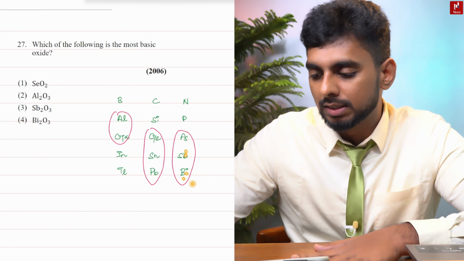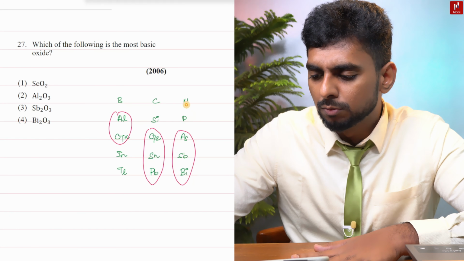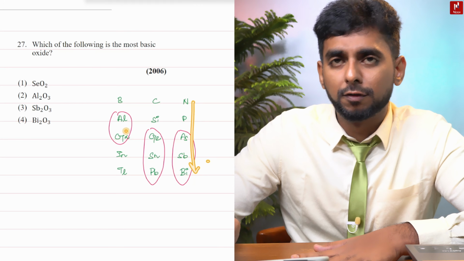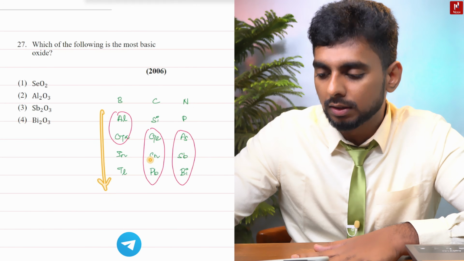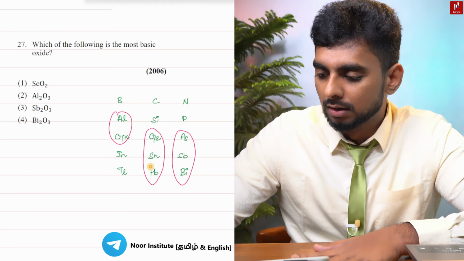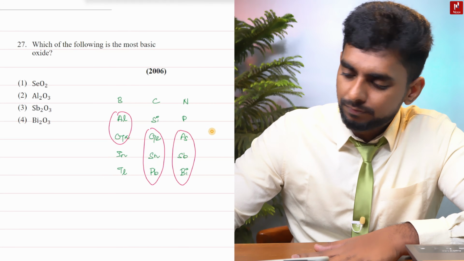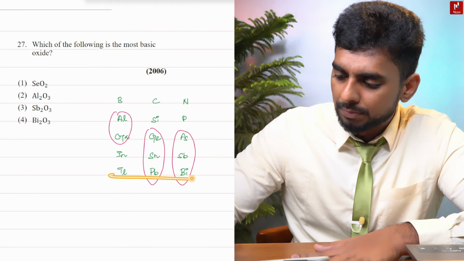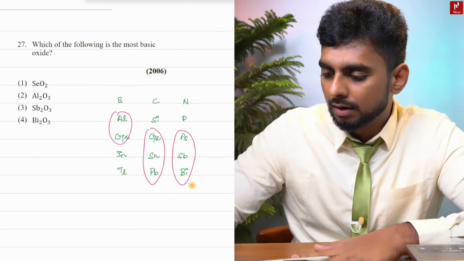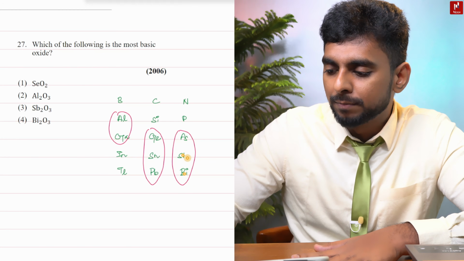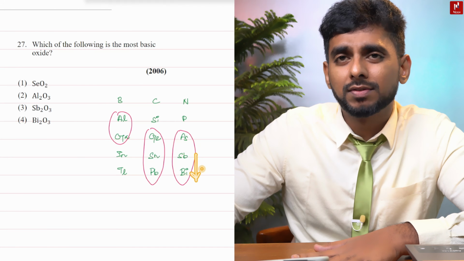So when you compare these elements, as you move down the group, I have already told you, across the period acidic nature increases, down the group the acidic nature decreases, right? Therefore, if you compare Sb and then Bi, this is the only one that is down the group.